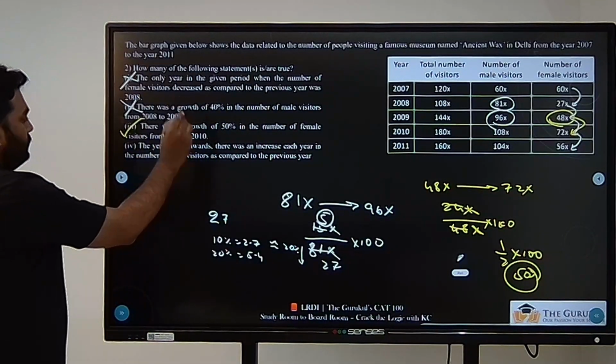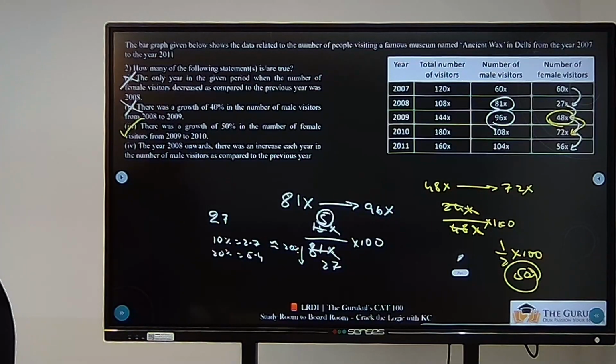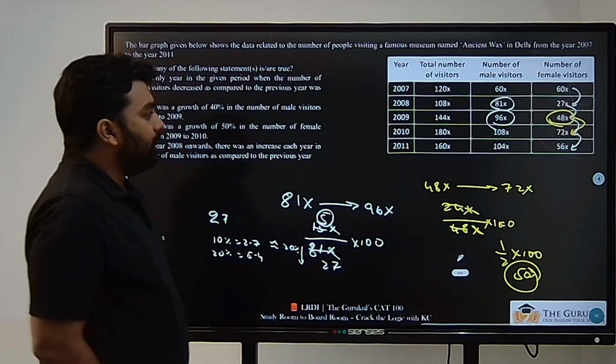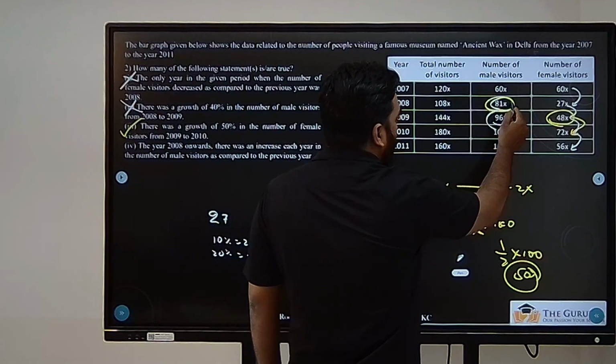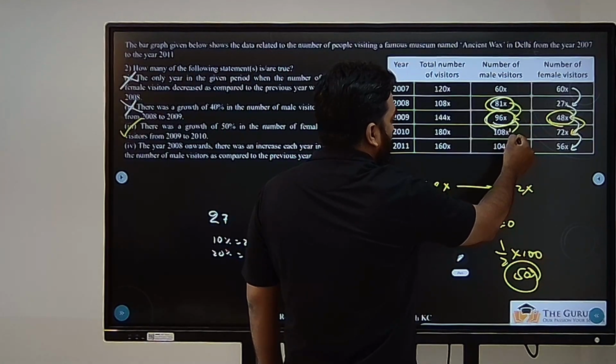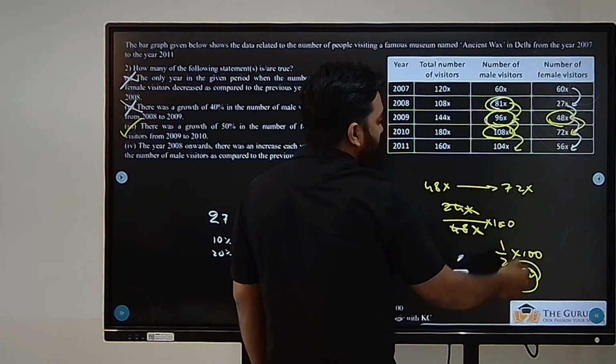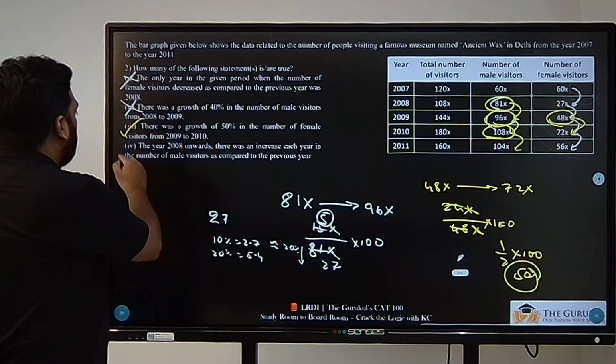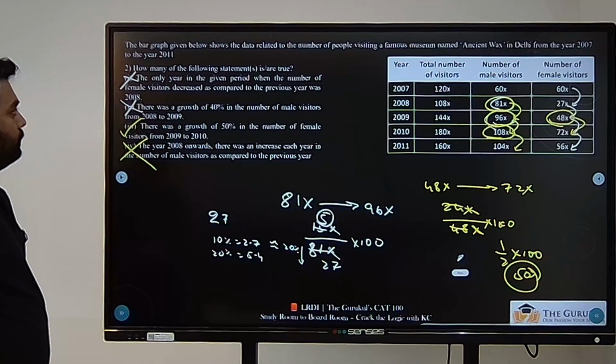This is true. The year 2008 onwards, there was an increase each year in the number of male visitors compared to the previous year. Okay, increase happened. Okay, increase happened. But here decrease is happening.